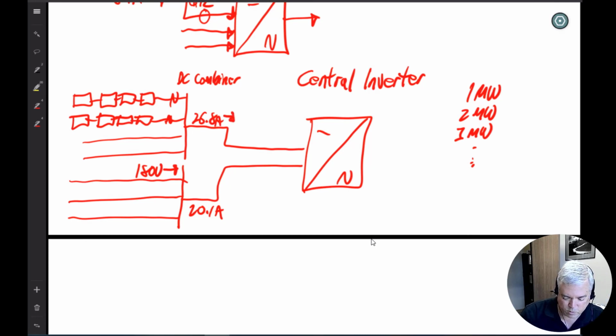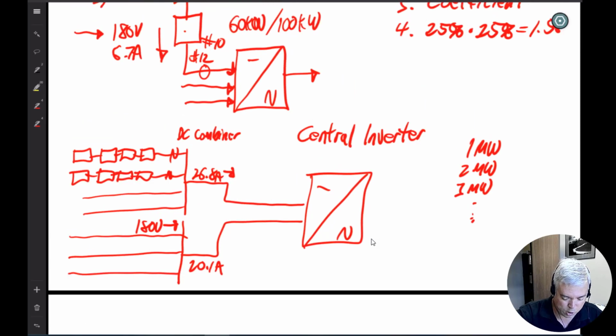So wattage equals volts times amps, like I said at the start. Each small module produces a certain amount given on the cut sheet. I said hypothetically 45 volts or 6.7 amps. And the way to do it cost effectively, efficiently, is to combine them into strings and get them into the inverter one way or another, directly like I did on the string inverter, or by combining them up into DC combiners like I showed here on the central inverter.